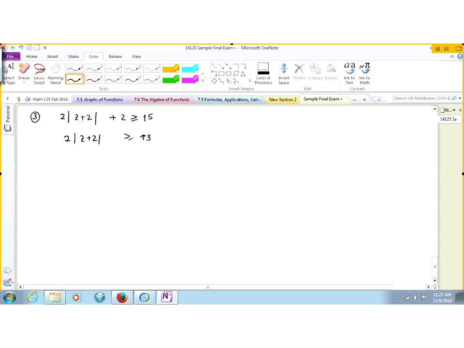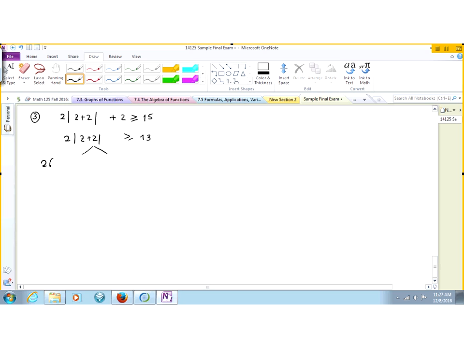Now, if I divide by 2, will I have a fraction? Yes, so I won't do it. I will just leave the 2 like this. As long as I don't have a negative, I'm good, because when you have a negative, then you have to get rid of the negative. Okay, so now this can be split into 2 expressions.